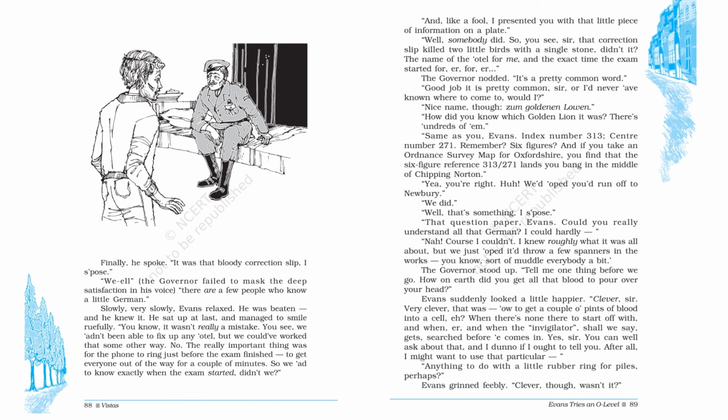He slowly began to talk about the plan and told the governor that they hadn't been able to fix up any hotel, and the really important thing was for the phone to ring just before the exam finished to get everyone, including the prison officers, out of the way for a couple of minutes. Evans further added that the correction slip killed two birds with a single stone: the name of the hotel and the exact time the exam started.